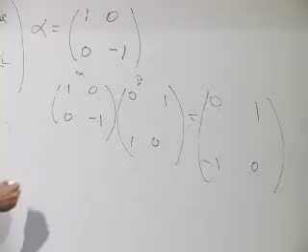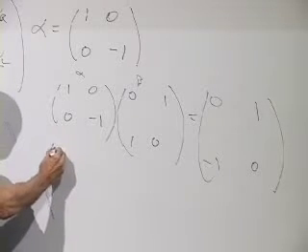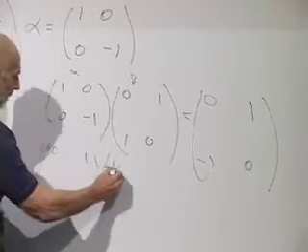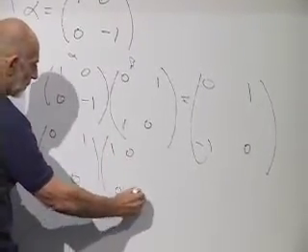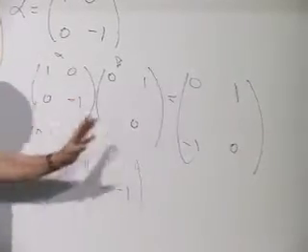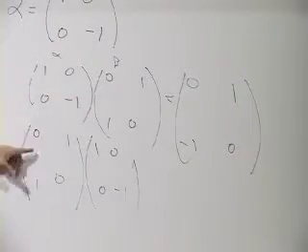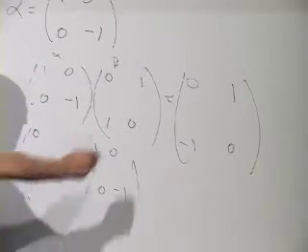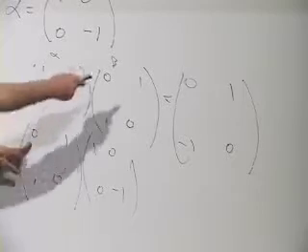How about beta times alpha? Let's do it in the opposite order. 0, 1, 1, 0, that's beta. Alpha is 1, 0, 0, minus 1. The left diagonal element is 0 times 1 plus 1 times 0. Good, that's 0. But let's look at the upper right-hand corner.